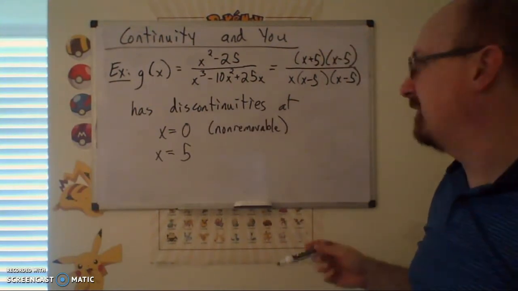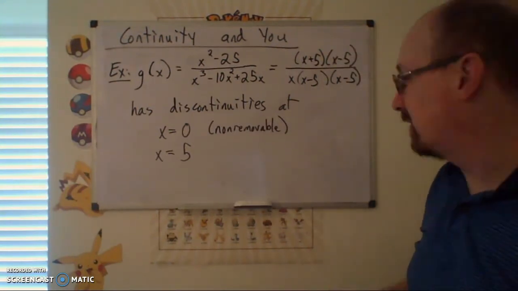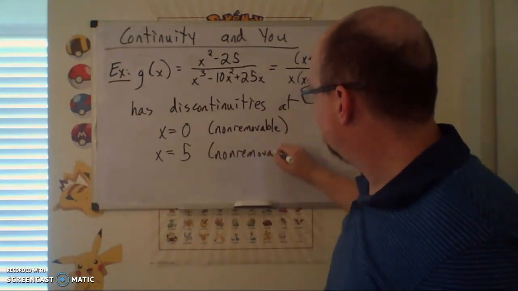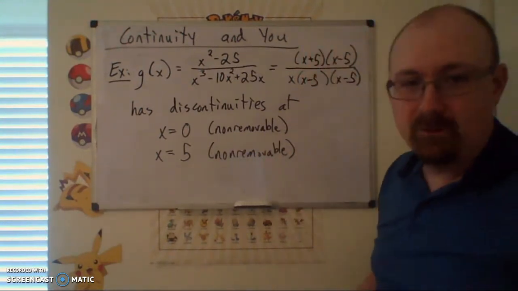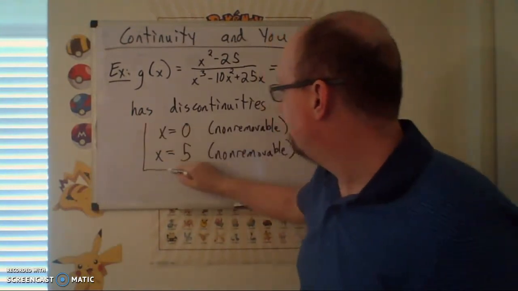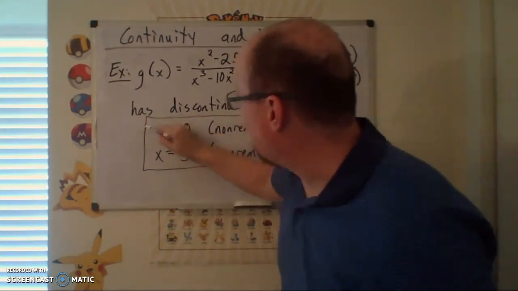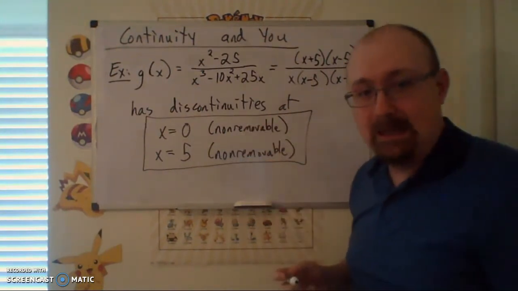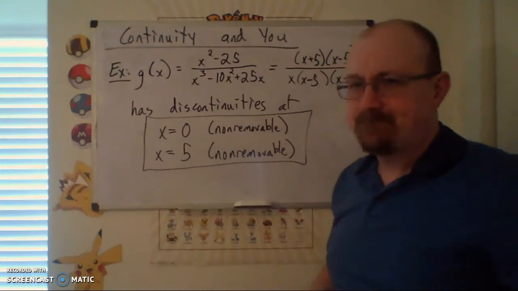You still have a term that causes a zero denominator. So in this instance, both of these are non-removable discontinuities. This particular function's graph wouldn't have any holes in it at all. It's got nothing but a pair of clean breaks, so to speak.